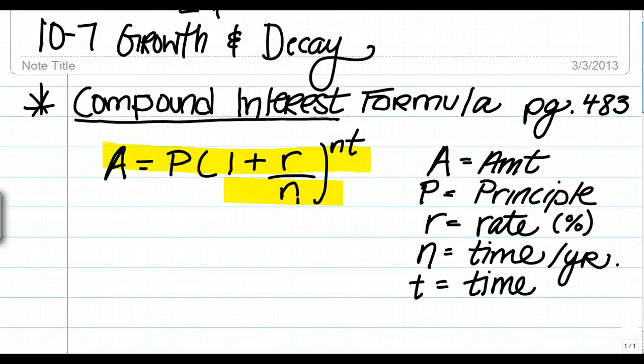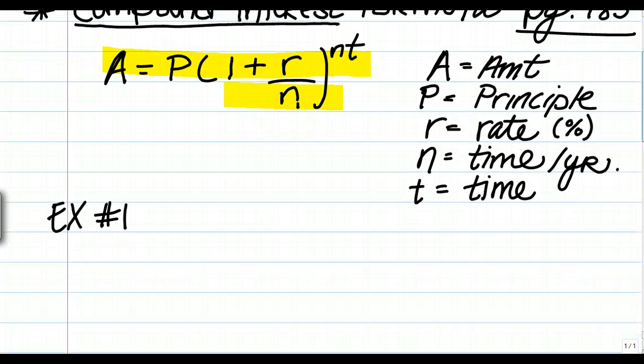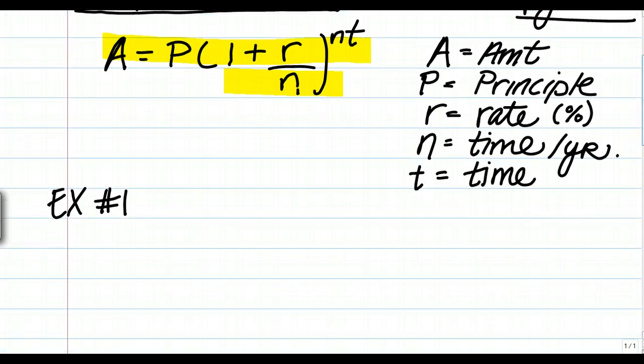So keeping that in mind, we are on page 483, and we're going to do example 1 from the notes here. It says, how long will it take an investment of $1,000 to triple in value if it is invested at an annual rate of 12% compounding quarterly?